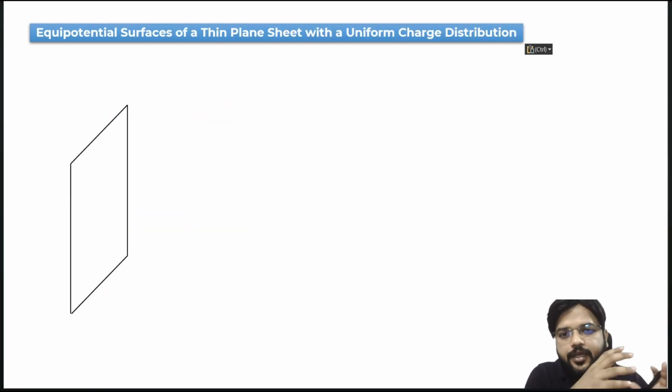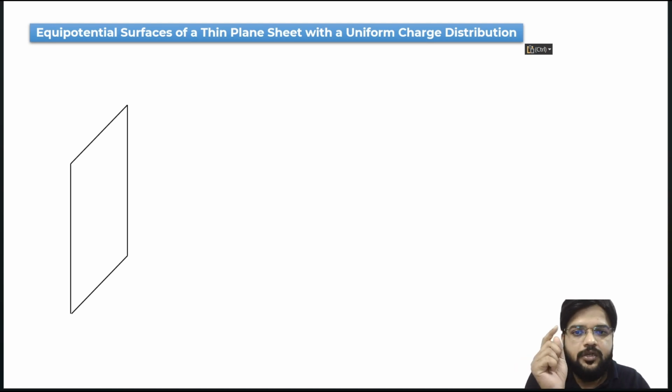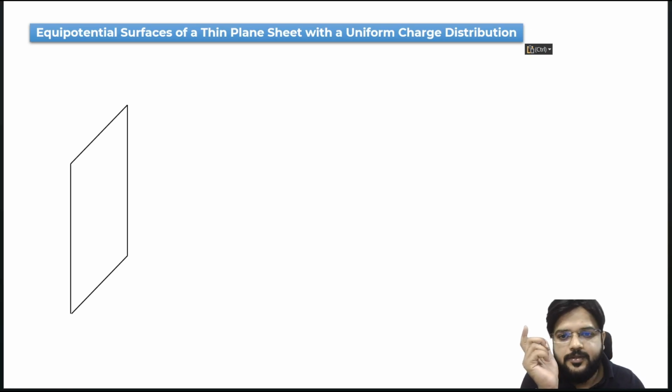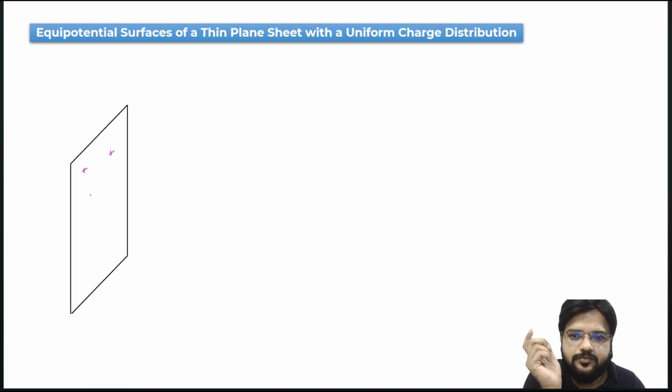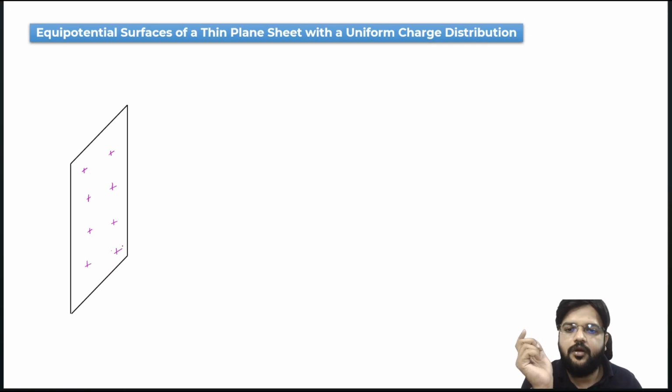Let's see the next one, everyone: equipotential surface of a thin plane sheet with a uniform charge distribution. Now we want the equipotential surface for a thin plane sheet. First of all, distribute charge uniformly on this thin plane sheet. Now draw the electric field lines due to this sheet.